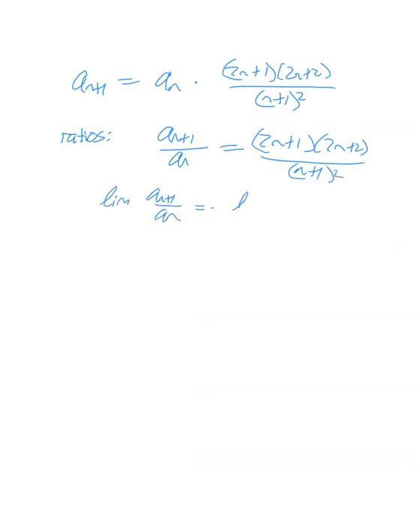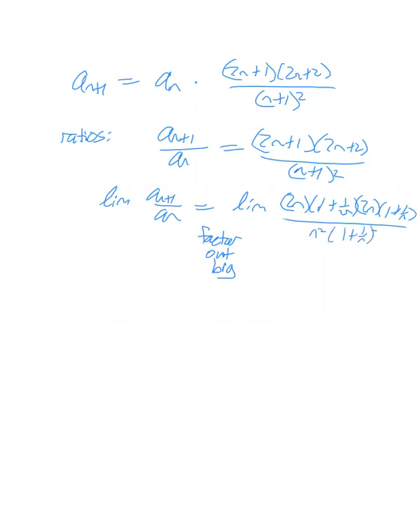So remember, I'm going to factor out the big thing. So that's 2n times (1 plus 1 over 2n). And then we have another 2n times (1 plus 1 over n), all over n squared times (1 plus 1 over n squared). So let me just clean that up a little bit.